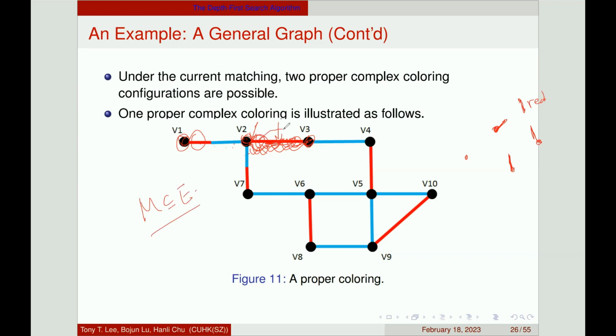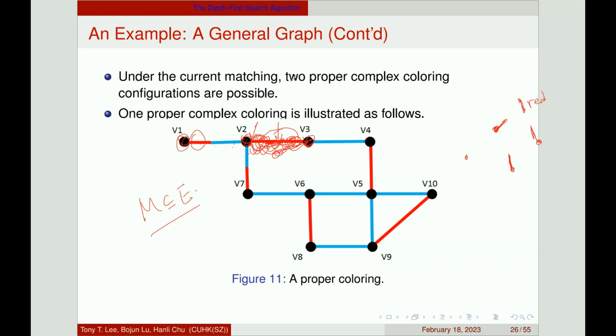And for this kind of edge between 2 nodes, the half red for V2 and the half red for V3 meet each other, and then we say, oh, we achieved this edge in capital M.